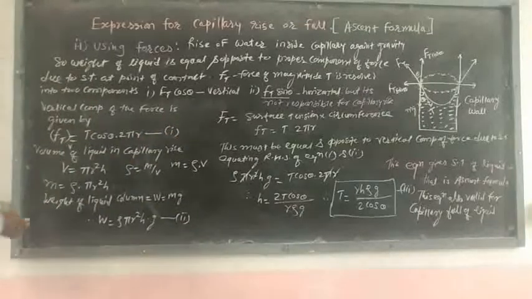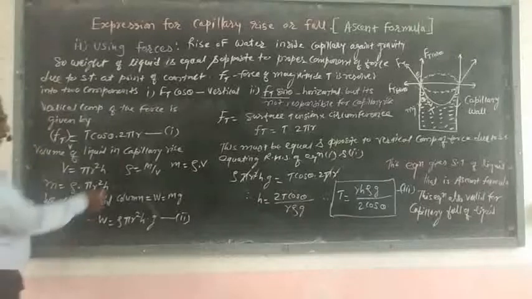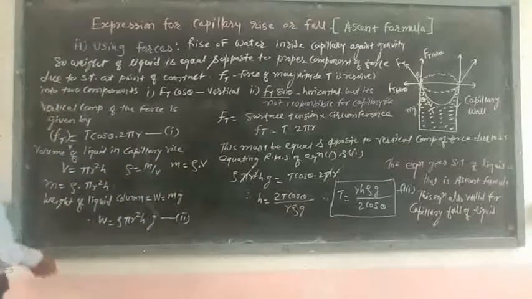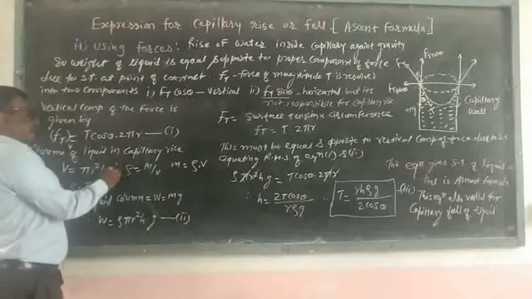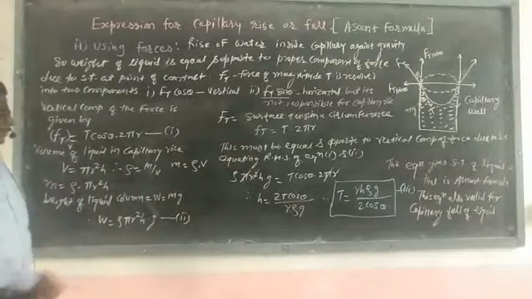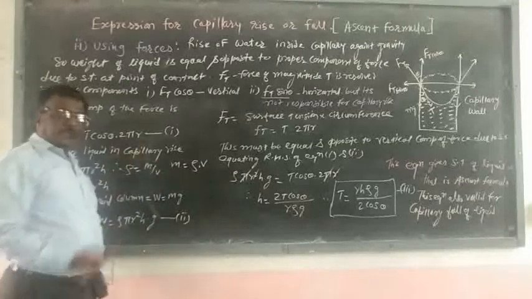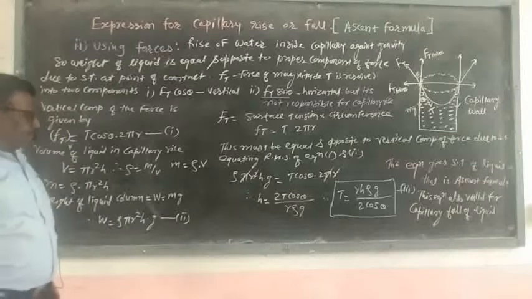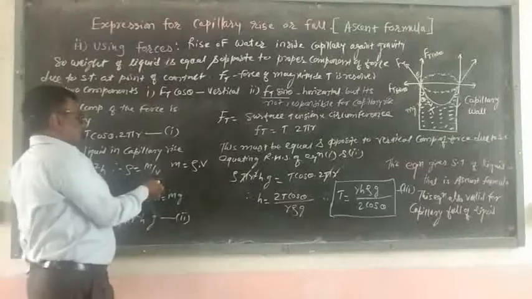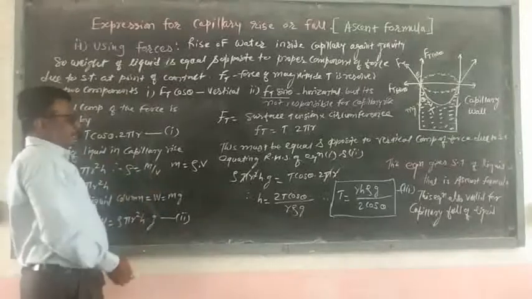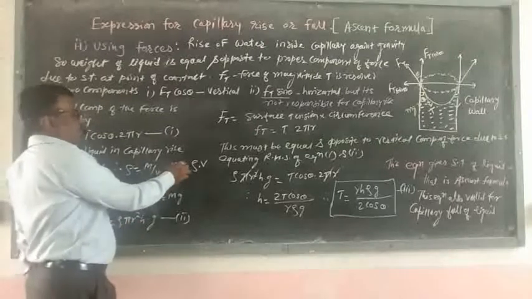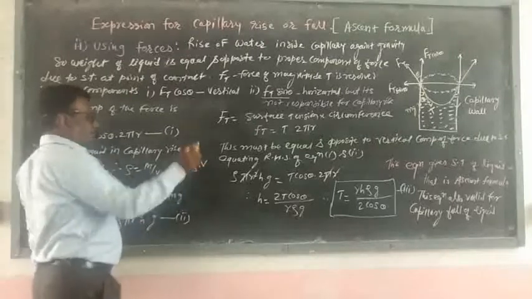Now we calculate the volume of liquid in capillary rise. We get the formula V equal to pi r square h, and we know that density is equal to mass upon volume. From that formula, if we cross multiply, we calculate mass of liquid: mass equal to density into volume.